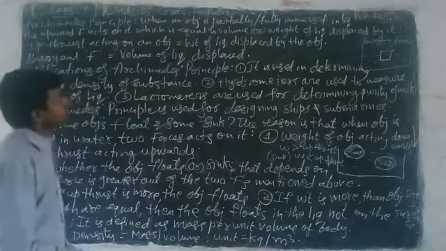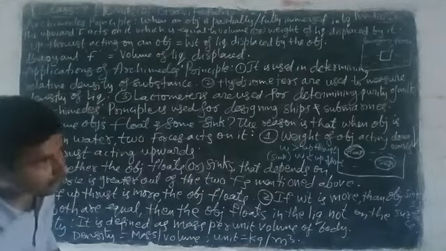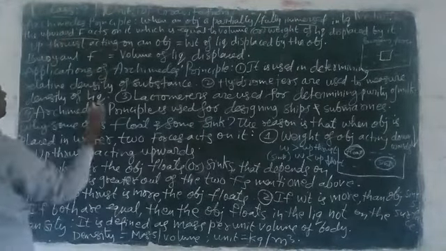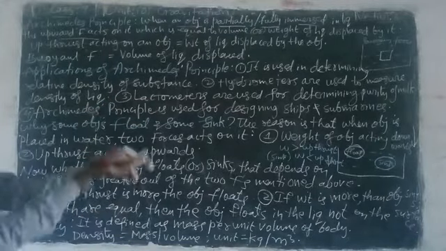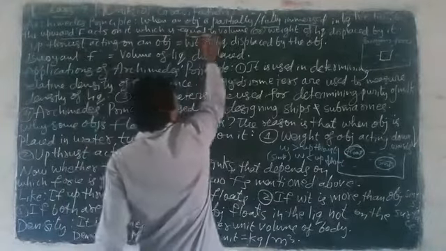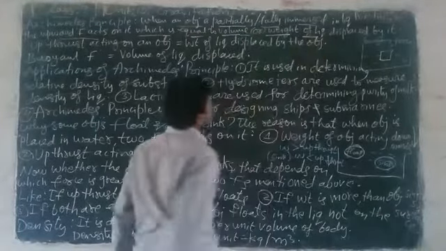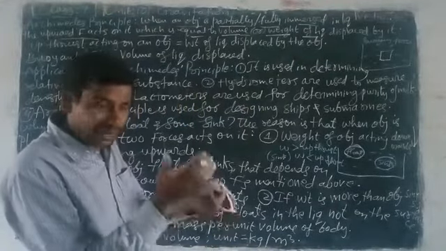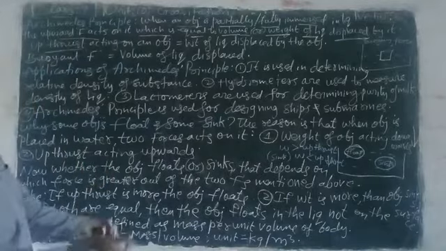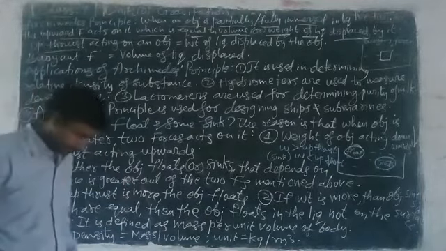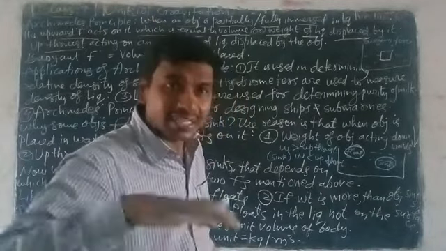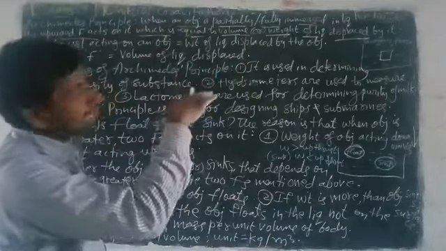When an object is partially or fully immersed in liquid, an upward force acts on it, which is equal to the volume or weight of liquid displaced by it. The upthrust acting on an object that is immersed fully or partially in water is equal to the weight of the liquid displaced.